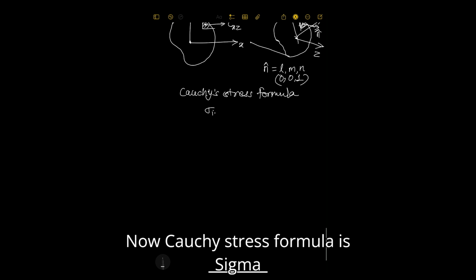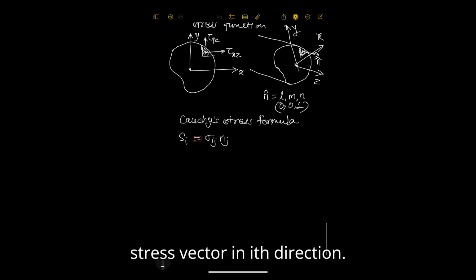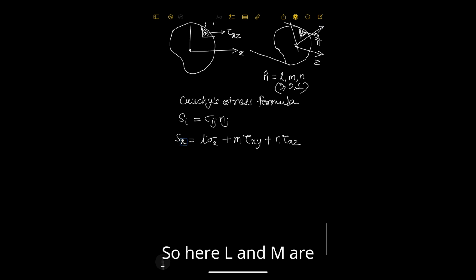Now Cauchy's stress formula is sigma ij n j, which is equal to S i, the stress vector in the ith direction. So for Sx, we'll write l into sigma x plus m into tau xy plus n into tau xz. Here l and m are 0, and n is equal to 1.